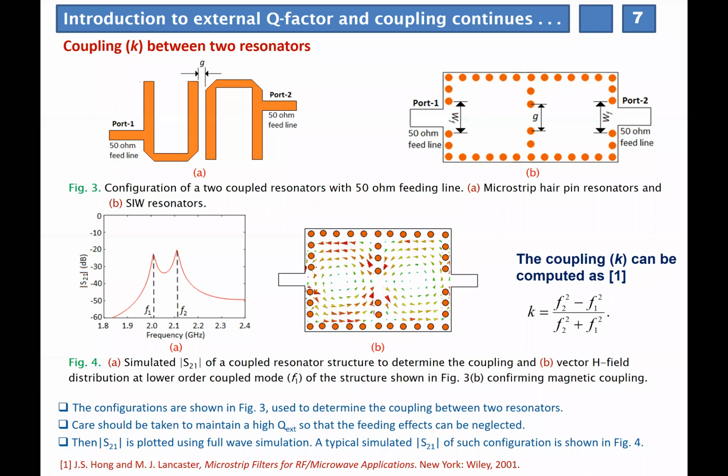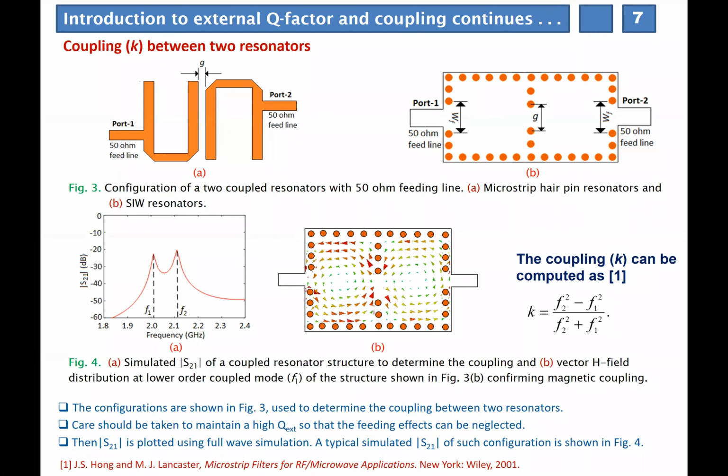So what should be the typical values? That depends on the bandwidth. If the bandwidth of a filter is high, then coupling K should be high and external quality factor should be low. If bandwidth is narrower, then coupling between two resonators, denoted by K or M, will be lesser, and the external quality factor at the same time will be higher.